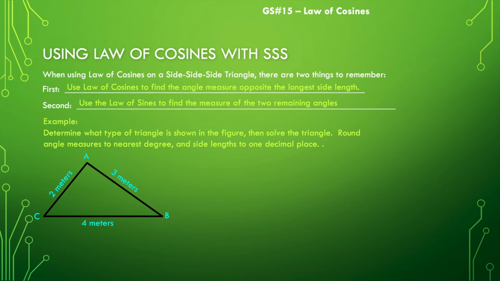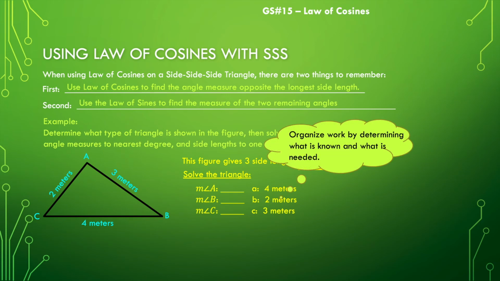And we know that this is going to be an SSS triangle, and we want to solve this triangle. So we are going to go ahead and organize our work like we did before. And then, like it says in step 1, we are going to find the angle measure opposite the largest side length.